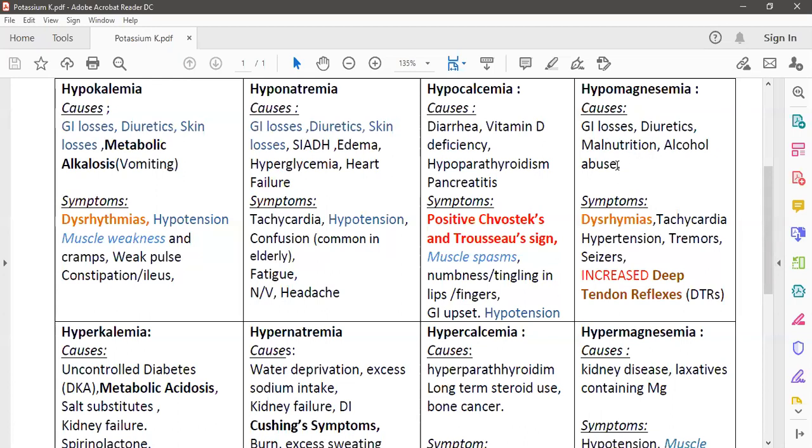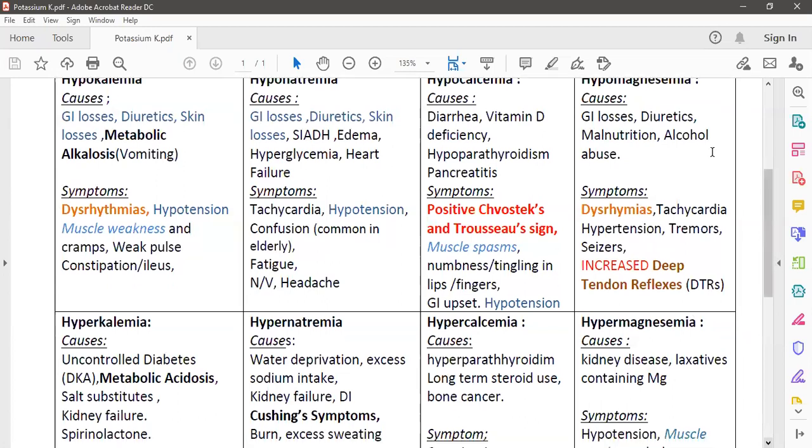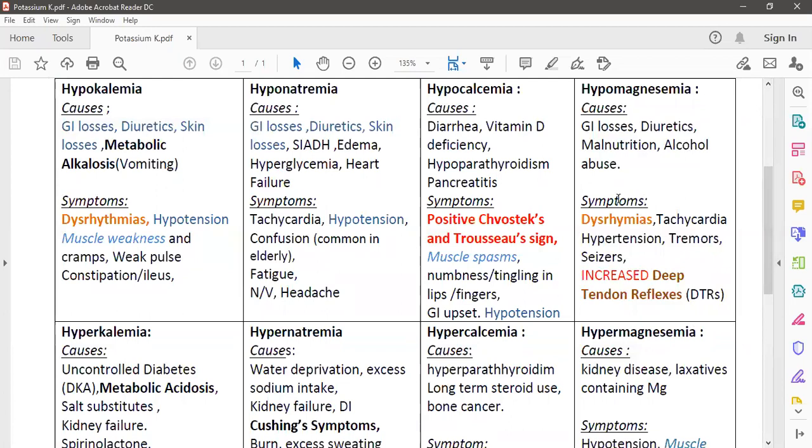Malnutrition and alcohol abuse are important causes of hypomagnesemia. So what are the symptoms and signs if your patient has hypomagnesemia?